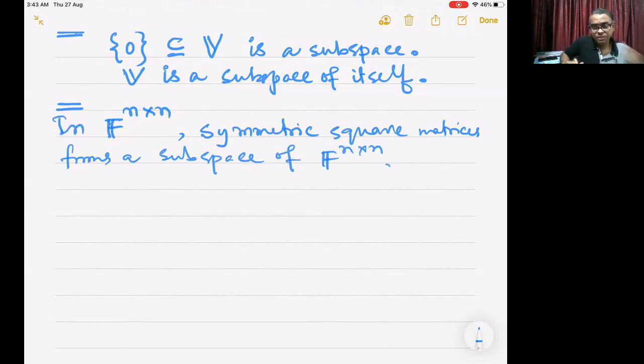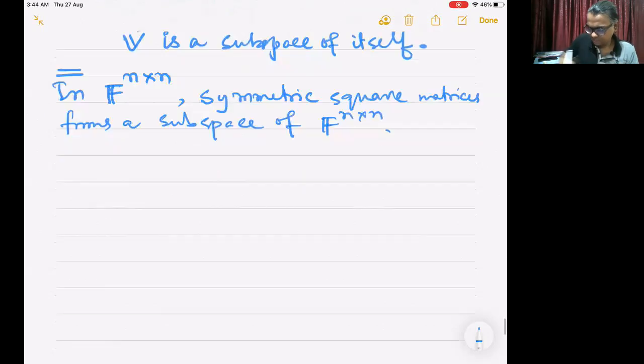So F n cross n is a vector space. If I consider the subset of all symmetric matrices, then that's going to form a subspace. So this goes to you as an immediate attention problem.